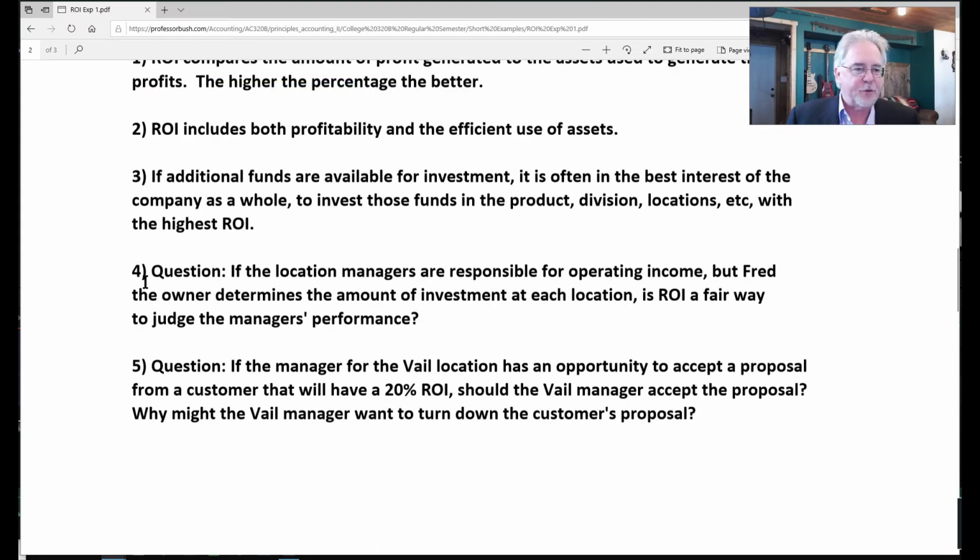I've got a question here for you. Number 4 here. If the location managers are responsible for operating income, but Fred, the owner, determines the amount of investment at each location, is ROI a fair way to judge the managers' performance? Here's what is meant by that.